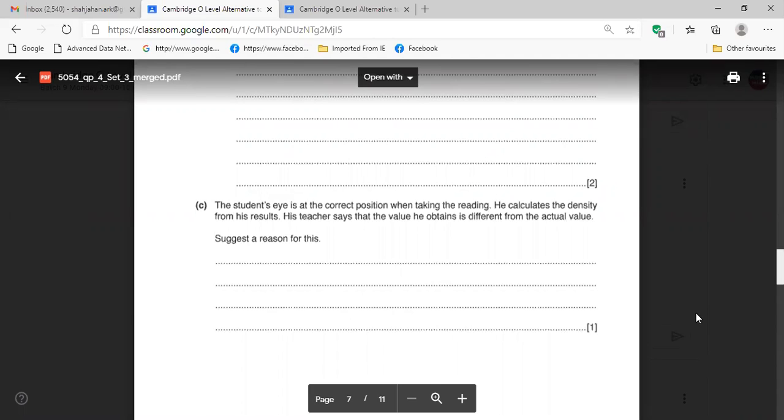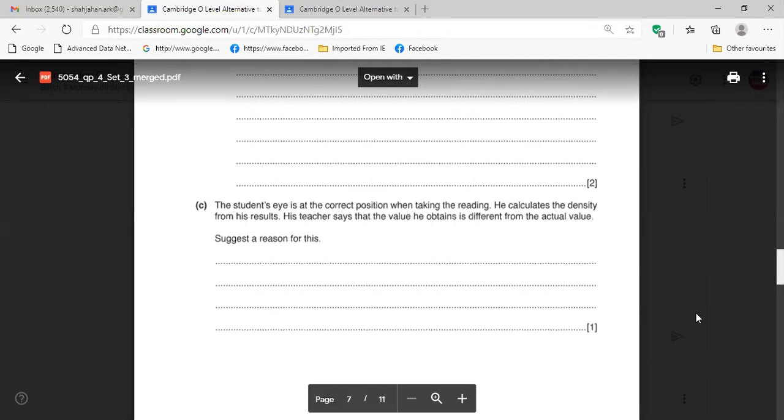That mass is also included, right? So your measurements will not be 100% accurate. Is it clear?